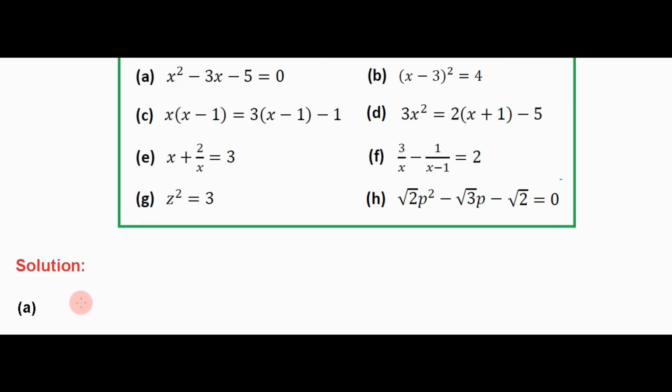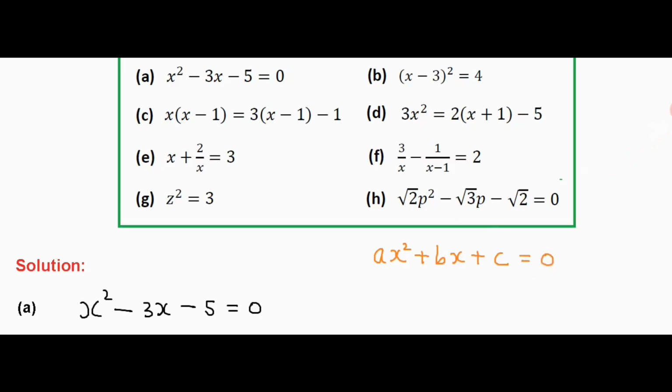We have x squared minus 3x minus 5 equals 0. Now, this equation is already in standard quadratic form. In other words, it's already in the form ax squared plus bx plus c equals 0.